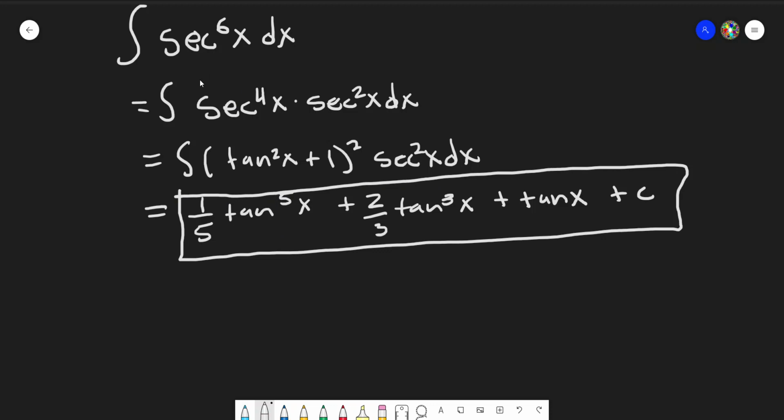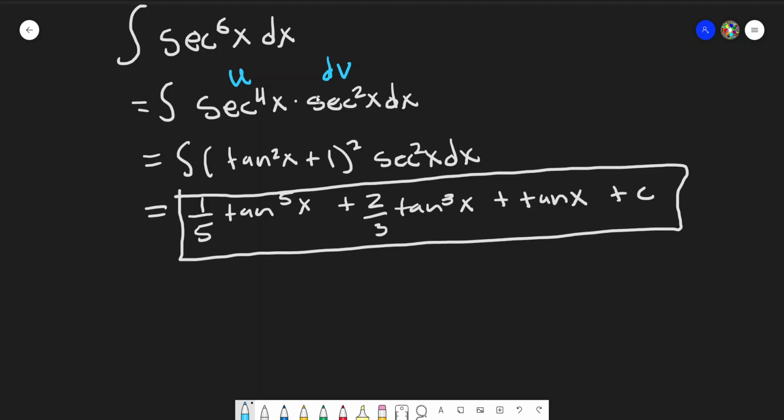Now, in actuality though, if you wanted to take much more complex methods, basically what you could probably do is, where you say that you broke it up as secant to the 4th x and then secant squared x, what we could do, for example, is just label this as dv and this as your u. So essentially, when we do that, you're using integration by parts.